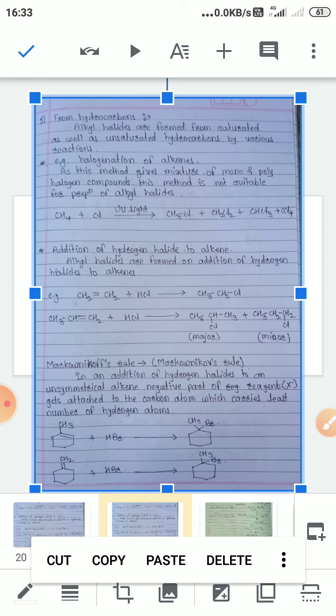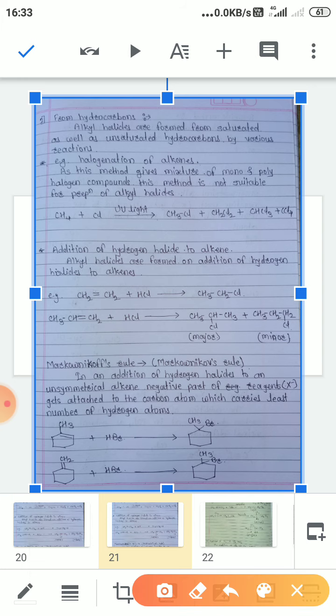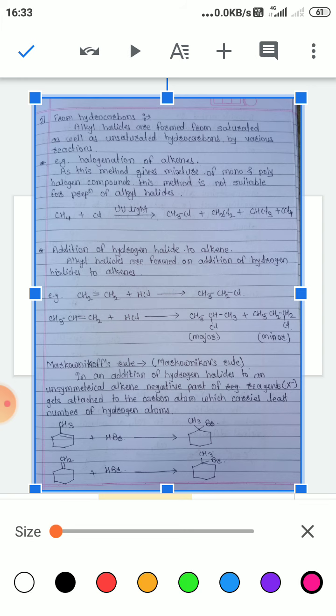We can see, for example, CH4 methane reacts with chlorine Cl2. By mistake I have written chlorine here, but the reaction is CH4 plus Cl2 in presence of UV light or ultraviolet light.